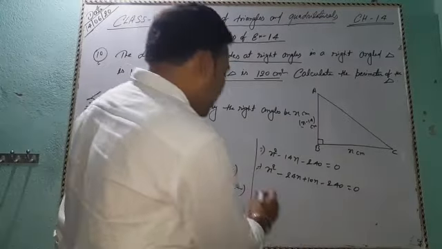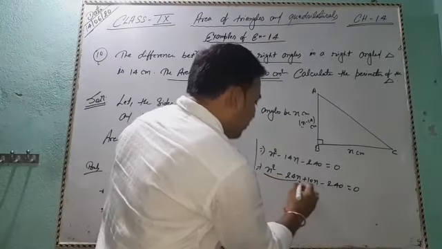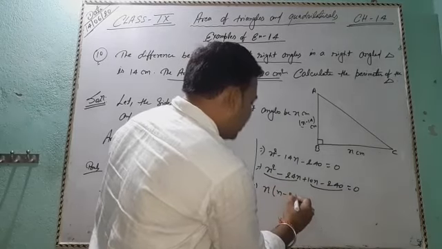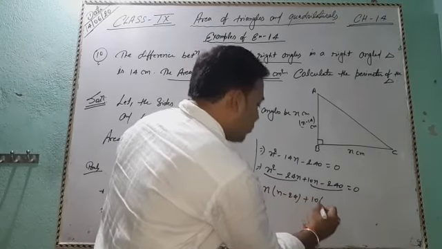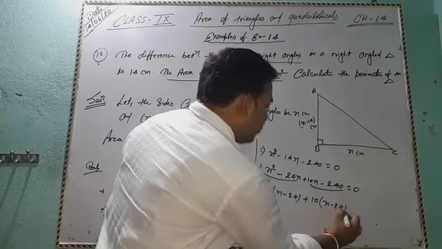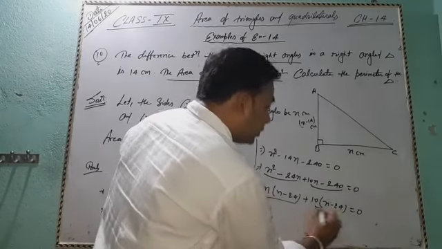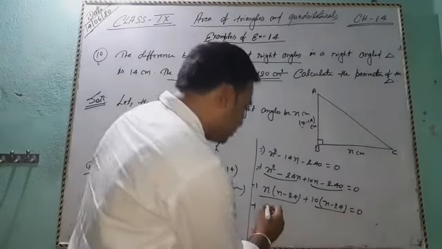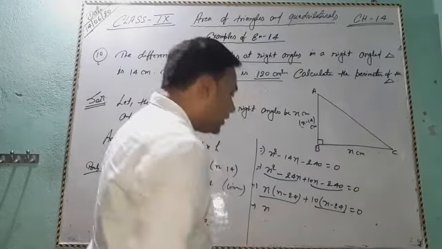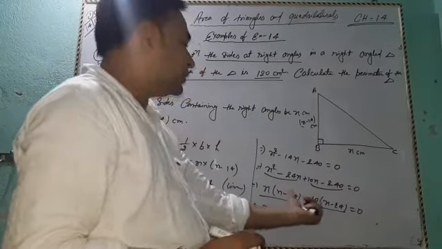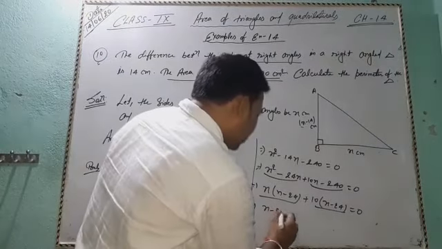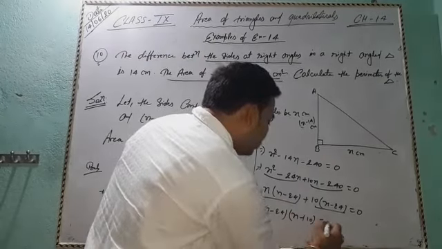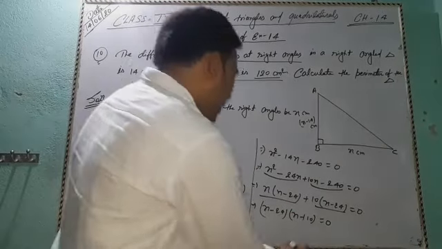So this implies x is common, x minus 24 and plus 10 is common, x minus 24 equal to 0. So I have two terms. x minus 24 is present in both terms, so x minus 24 is common, so the rest is x plus 10 equal to 0. Okay, so I have two conditions.